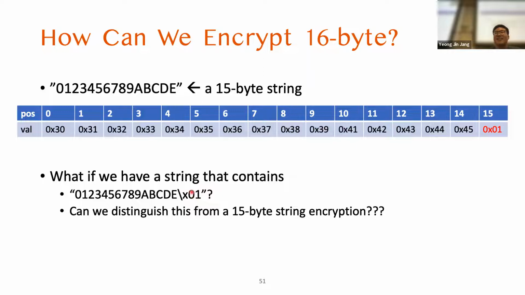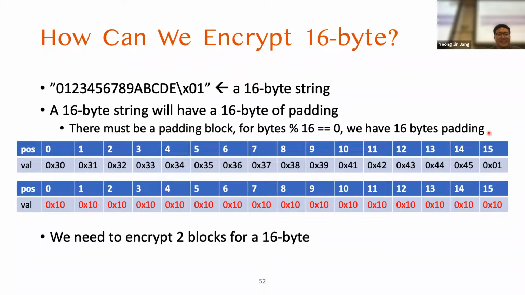This is a 16 byte encryption. If 0x1 is the plaintext, we cannot distinguish it, right? So to avoid that case, a 16 byte block should have 16 bytes of padding. It looks silly, but it is required to distinguish whether a part is the padding or the plaintext.